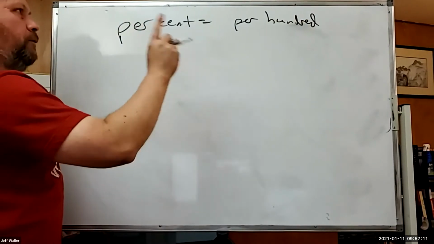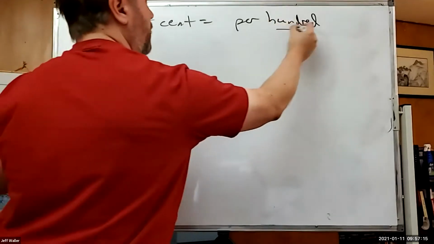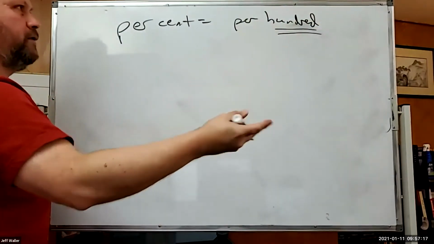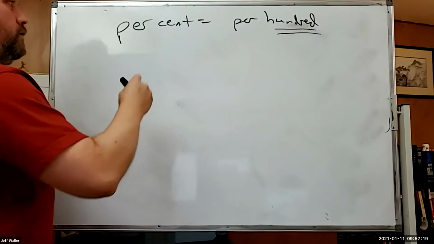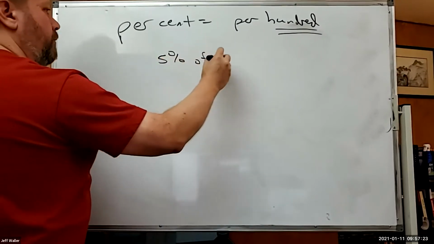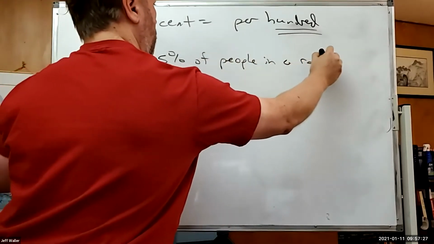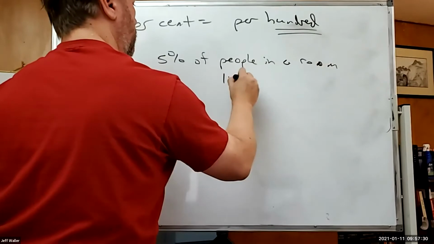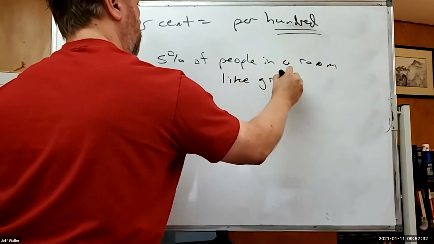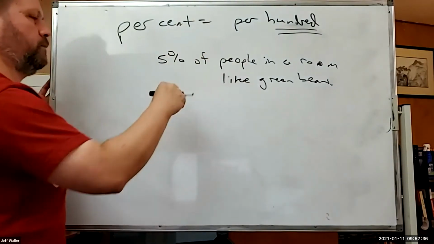The mistake people make is somehow they think there's always 100 people or things. No. So if 5% of people in a room like green beans, green beans are yummy. Oh, well, these people are crazy.